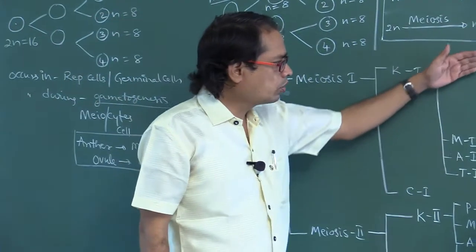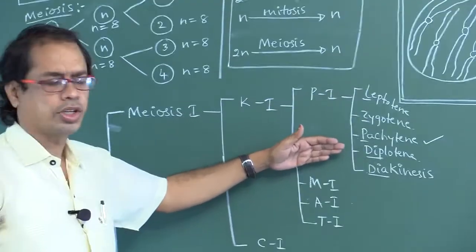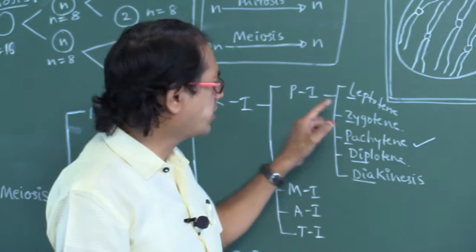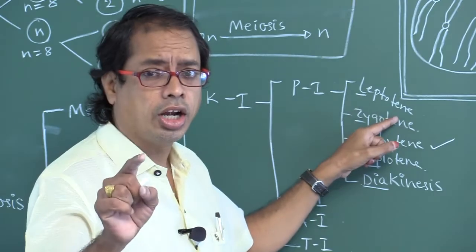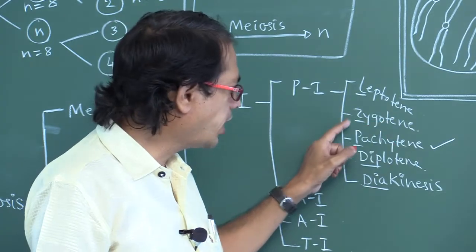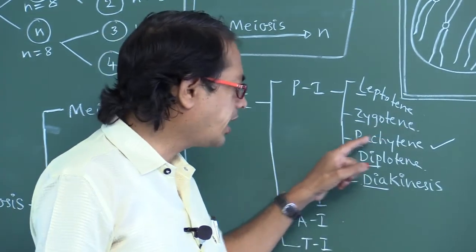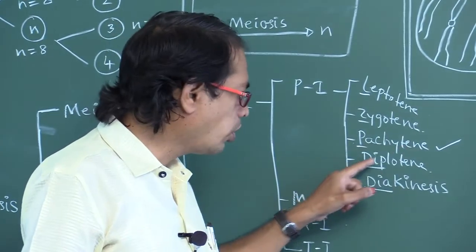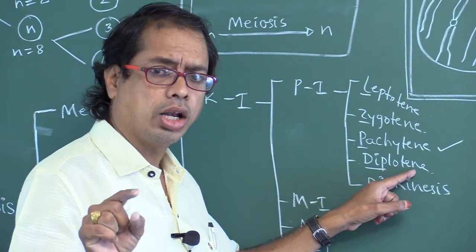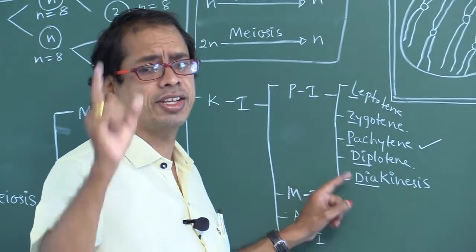Now let us go step by step. The first phase of prophase 1 is leptotene, also called leptonema. Zygotene, also called zygonema. Pachytene, also called pachynema. Diplotene, also called diplonema. The last stage is called diakinesis.